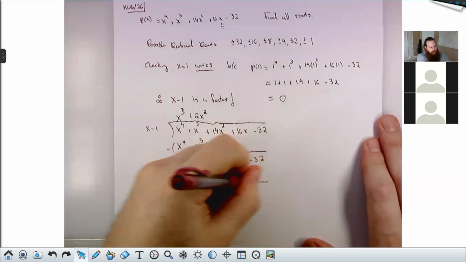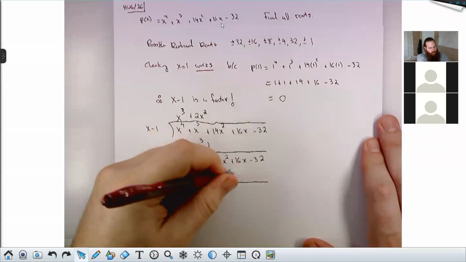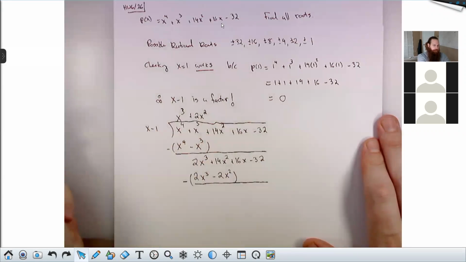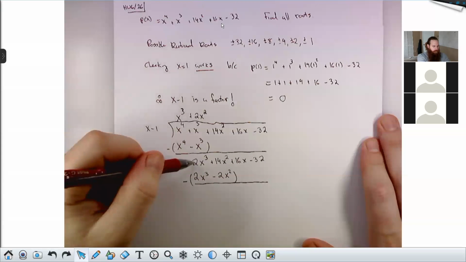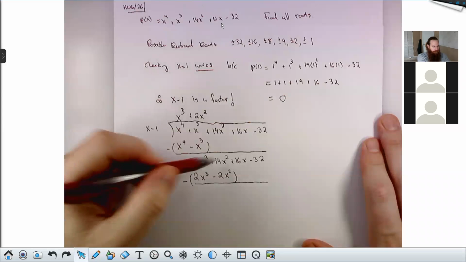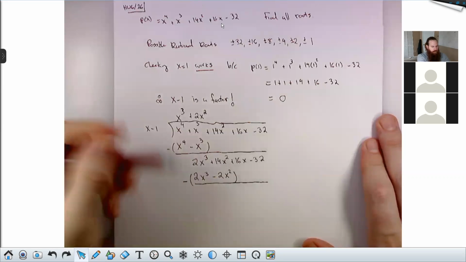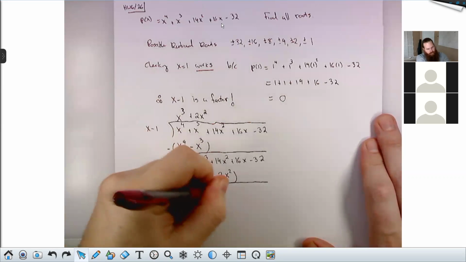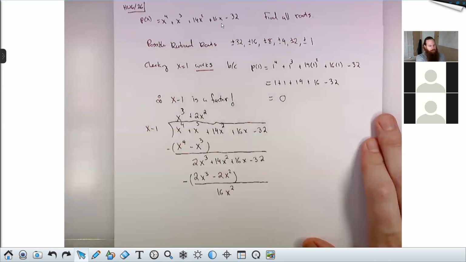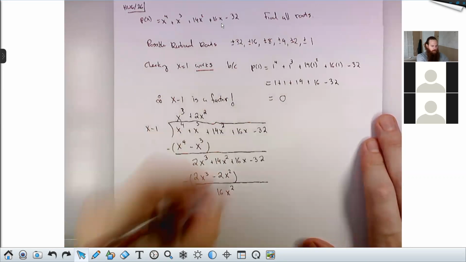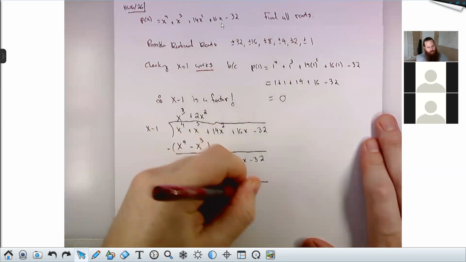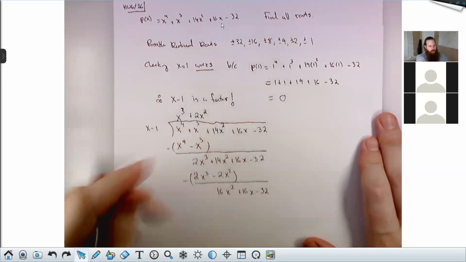And now I subtract one row from the other. 2x cubed minus 2x cubed is 0. 14x squared minus negative 2x squared is 16x squared. And the plus 16x minus 32 comes down.